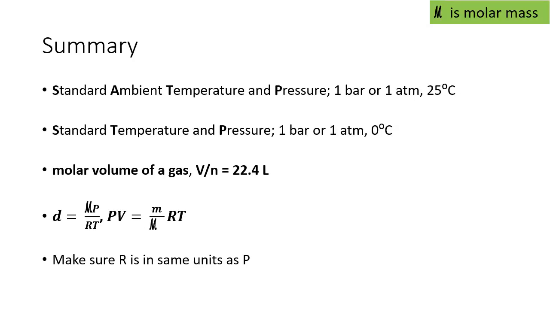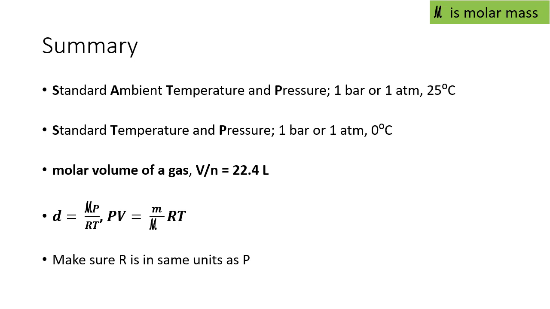So, summary. Standard ambient temperature and pressure is 1 bar or 1 atmosphere at 25 degrees Celsius. Standard temperature and pressure is 1 bar or 1 atmosphere at 0 degrees Celsius. The molar volume of a gas, the volume per mole, is 22.4 liters. We can do substitutions using the ideal gas law and get that density is equal to molar mass times pressure over ideal gas constant times temperature in Kelvin.